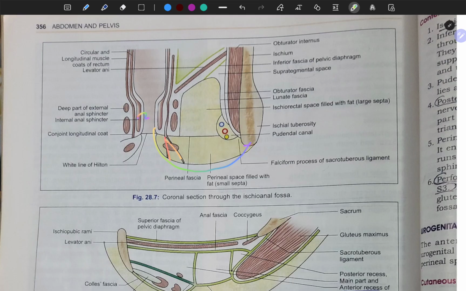The internal anal sphincter is formed by the circular muscle coat of the rectum, and these muscles arise from the taenia coli. Taenia coli is absent in the rectum; till the sigmoid colon, taenia coli is present. The taenia coli is converted into circular and longitudinal muscle coats, and then it will support the rectum on its lateral wall.